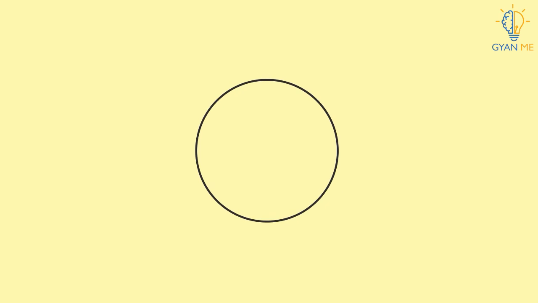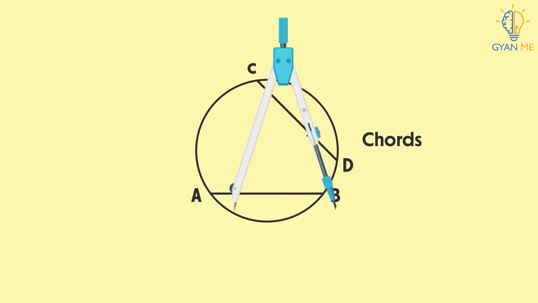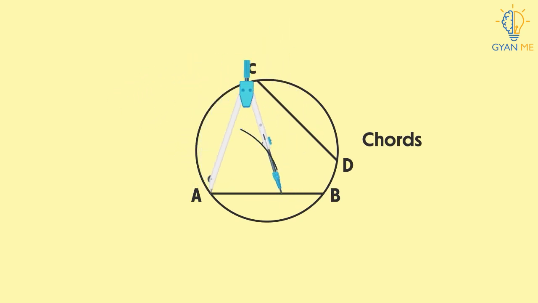In such a case, first find out the center of the circle, and we can find the center of the circle by drawing two non-parallel chords, say AB and CD, in a circle. Draw a perpendicular bisector for both AB and CD.